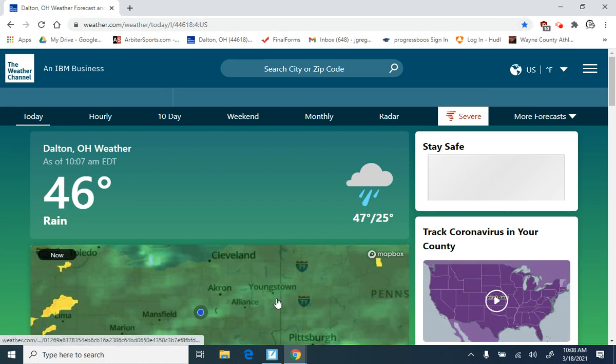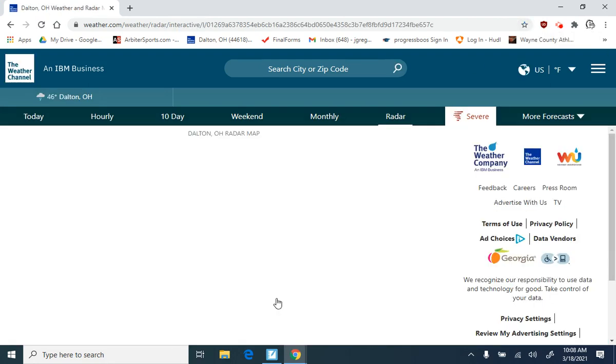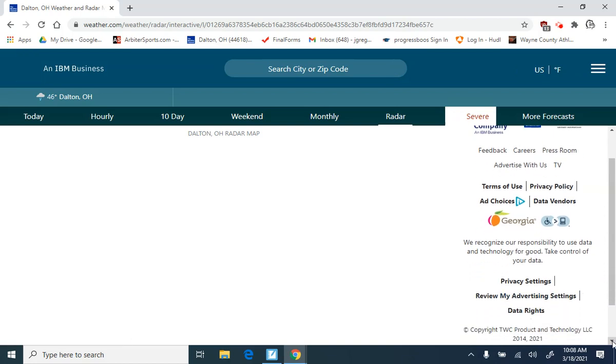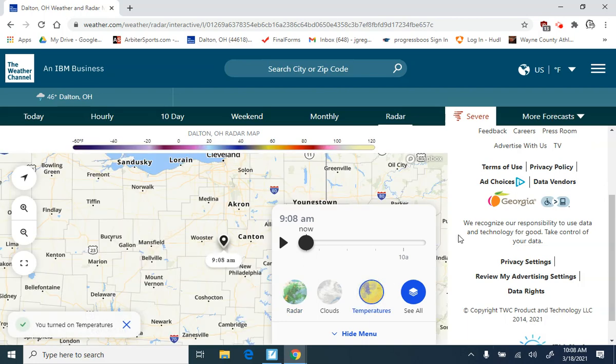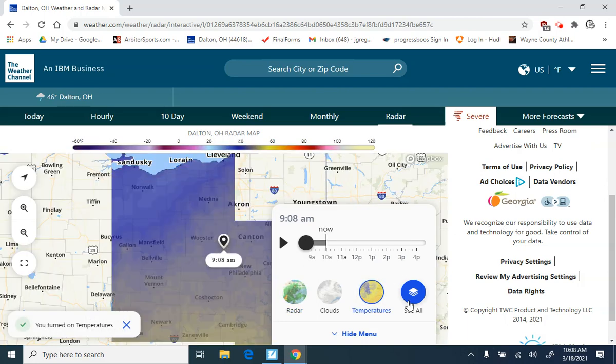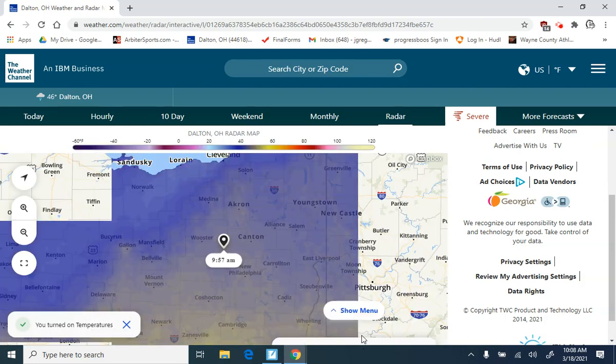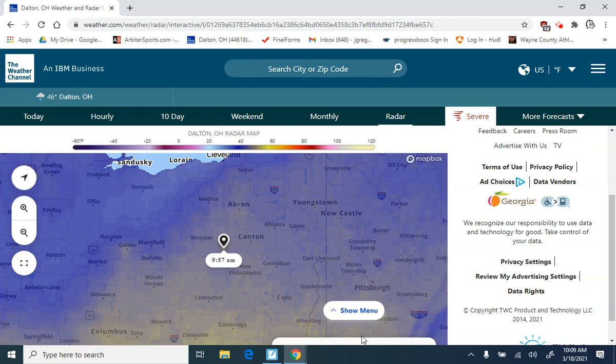When we look at our weather and the weather map, we look at what we have here. This is all rain that we're dealing with here.